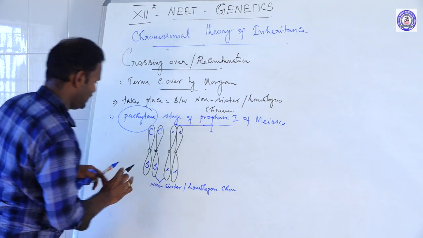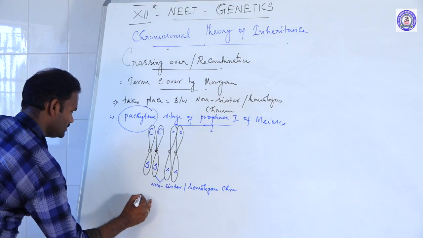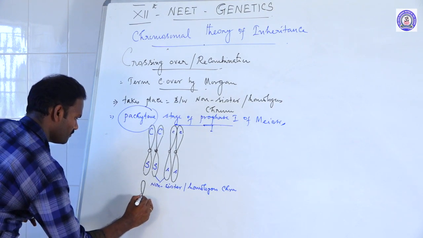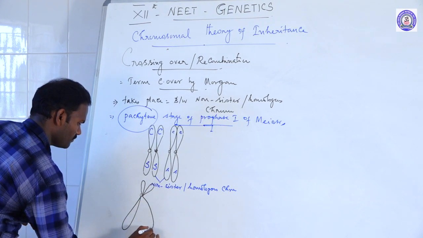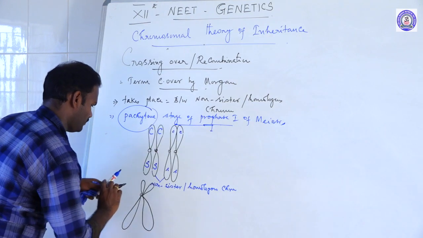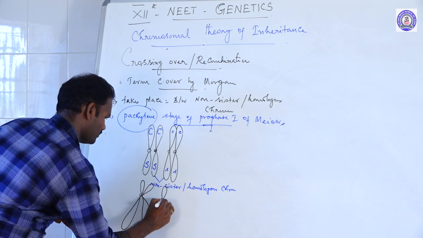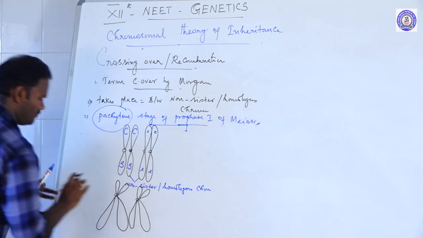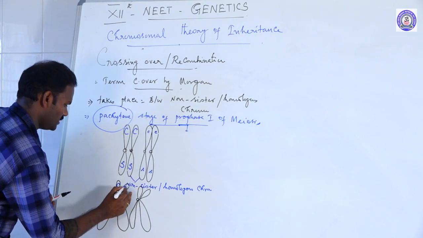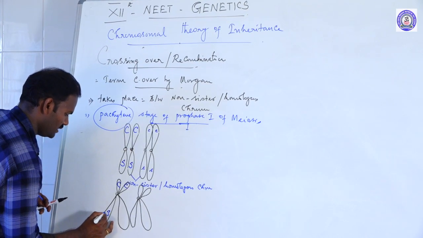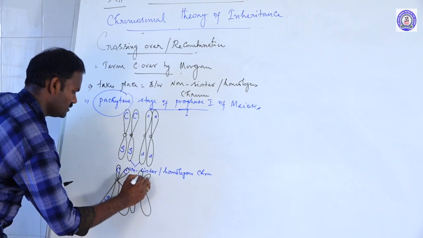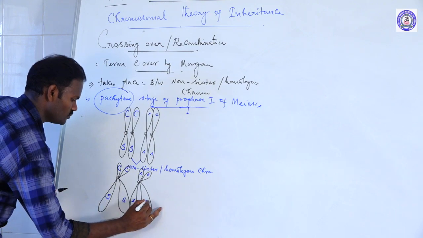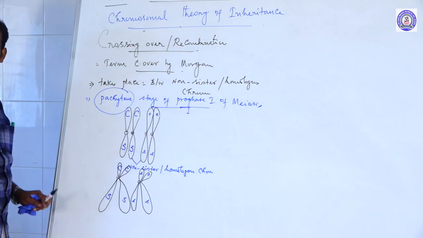So as a result, here it is a chromatid. It is a capital C, capital S, small c, small s. These small letters are lower case, and the capitals are dominant letters.